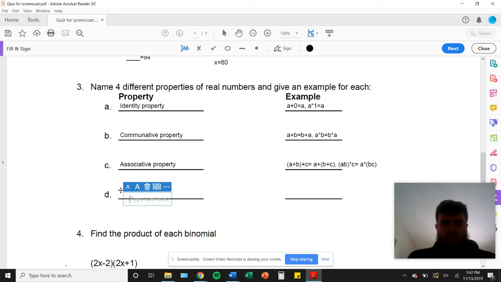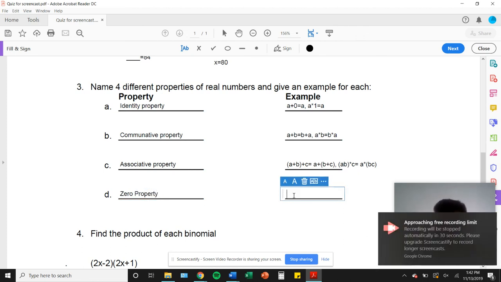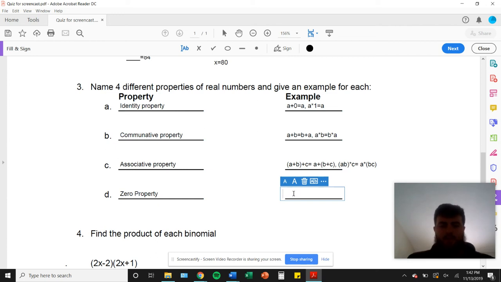And another one, this is always my favorite one, the zero property. That's only with multiplication, which is A times 0 equals 0.